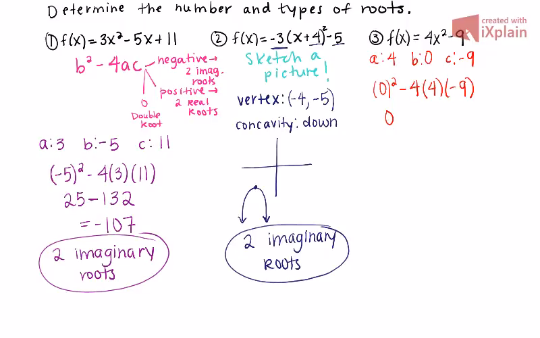And then negative 4 times negative 9 is equivalent to positive 144. So 0 plus 144 is 144. The only thing we care about is whether this is positive or negative. In this case, we got a positive answer. So when we have a positive answer, we know that we will have 2 real roots.